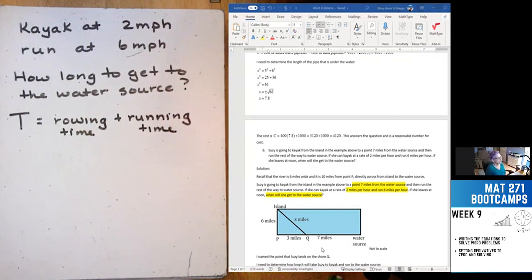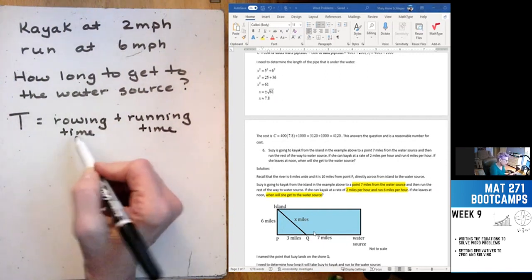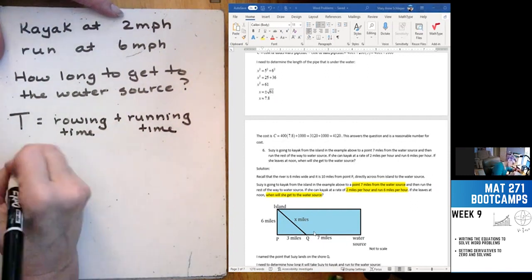Now, we don't have distances. We have one distance. We have the 7 miles. We don't know how far she's going to kayak. We can figure that out from Pythagoras again. But we need time, and we're given miles per hour.